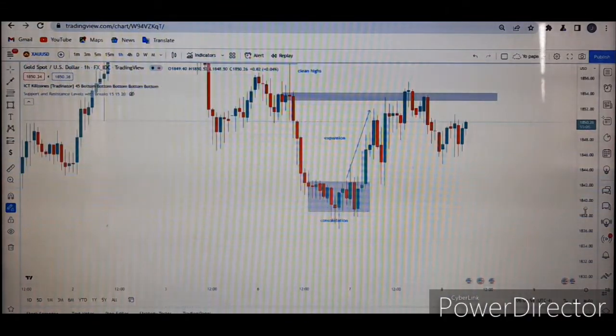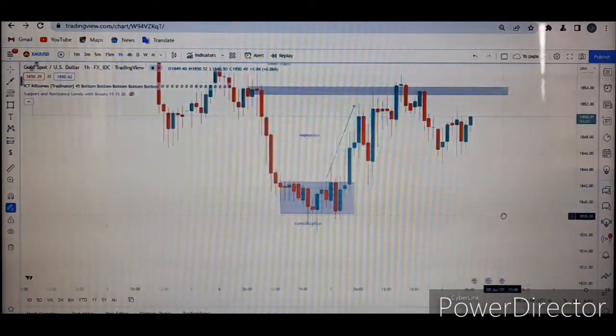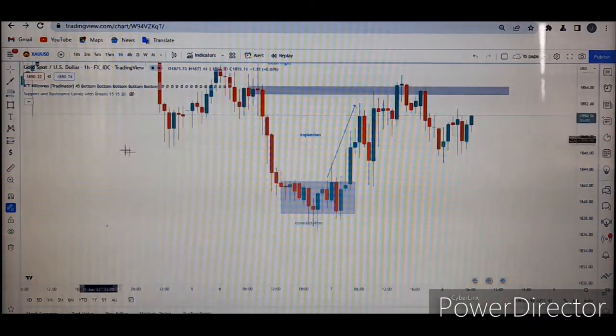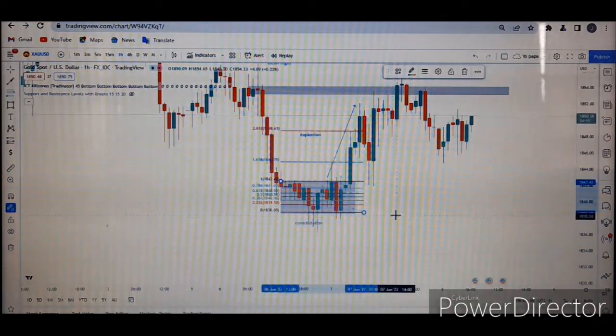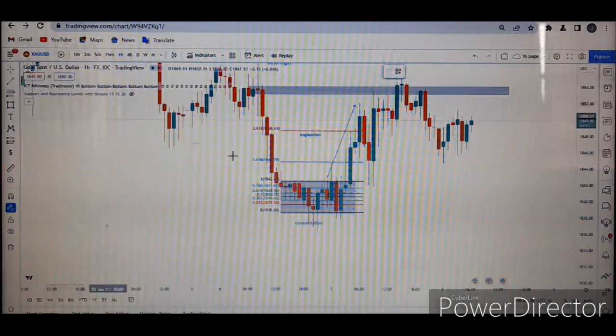In this consolidation area here, sometimes we can look at the 50%. We can look at the 50% from here to here. We're looking at the bodies only. So the equilibrium of this consolidation is here.